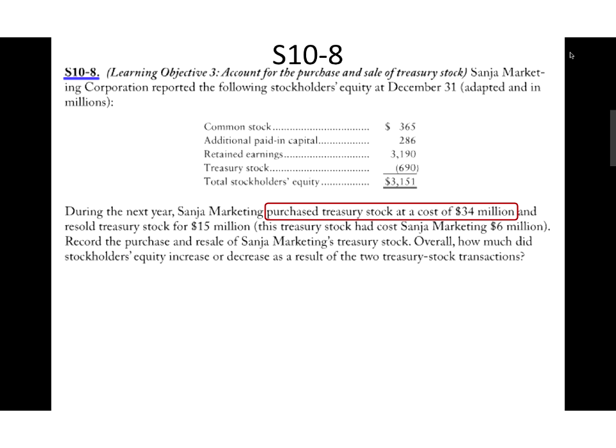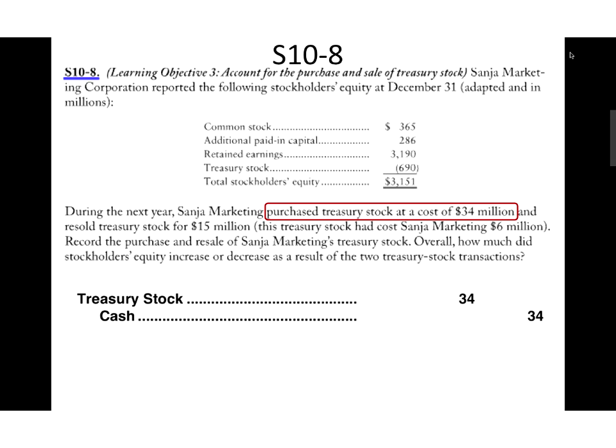First, they purchased treasury stock at a cost of $34 million. When we purchase treasury stock, we debit treasury stock and credit cash. Treasury stock, a contra stockholders' equity account, reduces stockholders' equity. We cannot own ourselves.